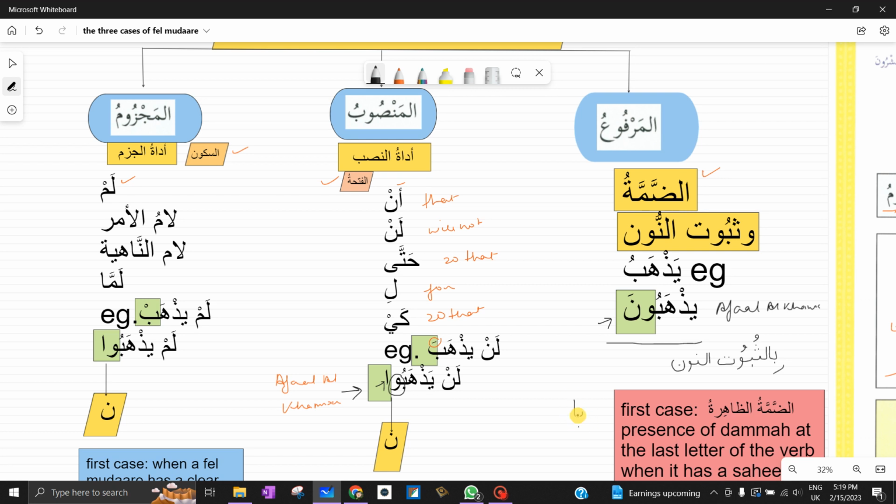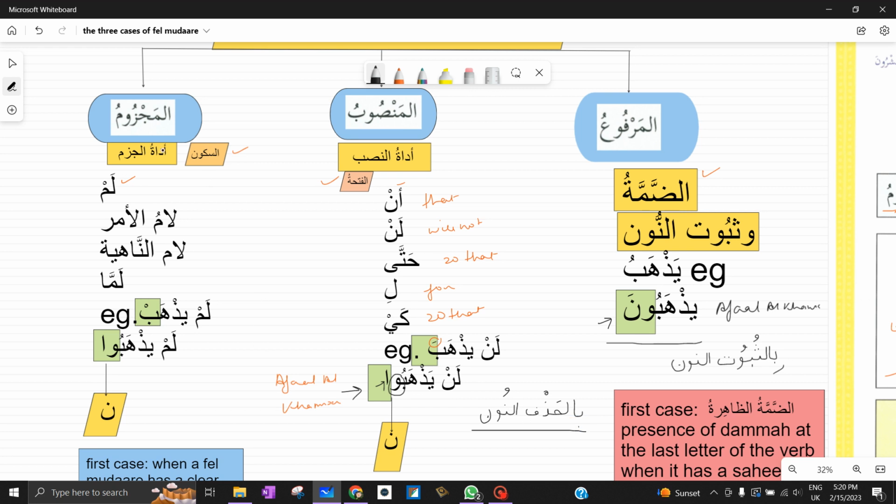What does it mean? By removing the noon. Hazf means removing or deleting the noon. So this is what you will write in the i'rab.